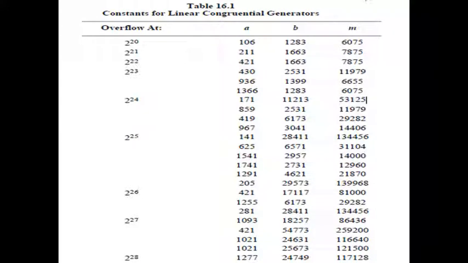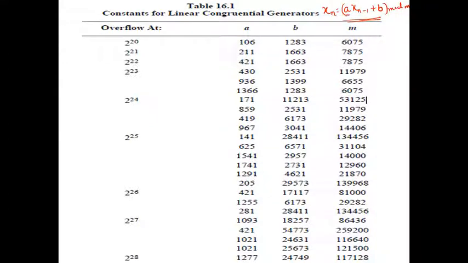So remember, how do we define the equation for LCGs? Xn is equal to A into Xn minus 1 plus B, and everything is done modulo M. So this is the defining equation to define the next bit given the present bit, or knowing the previous bit, you can find the present bit.